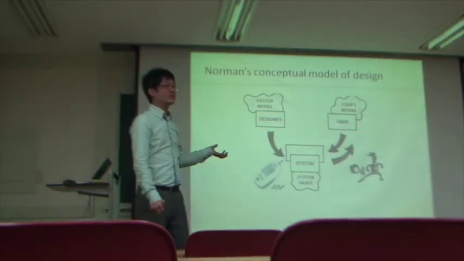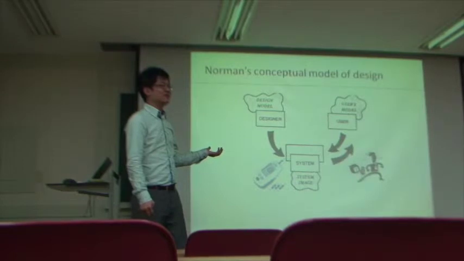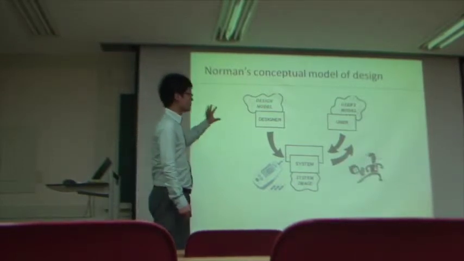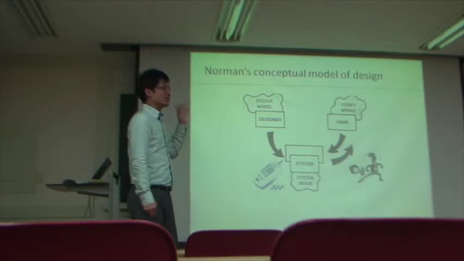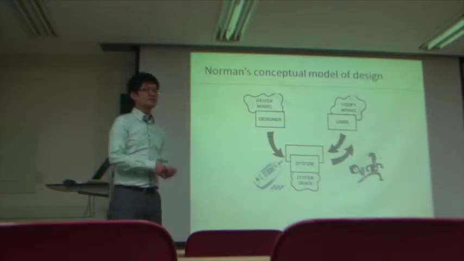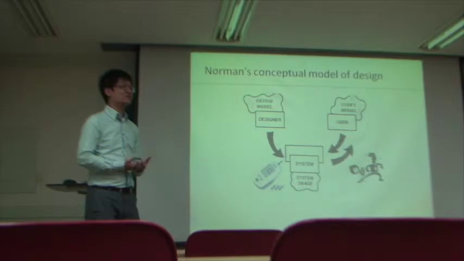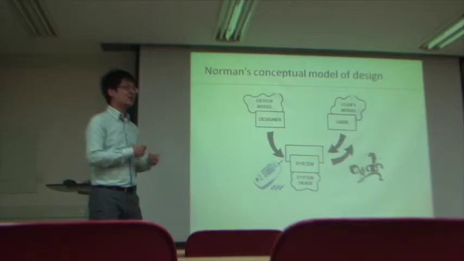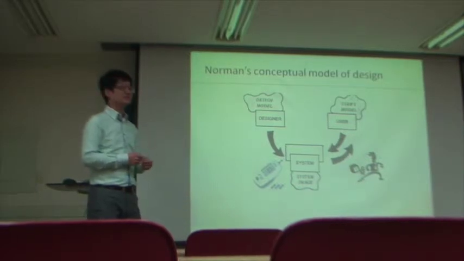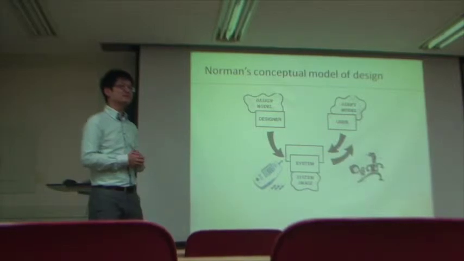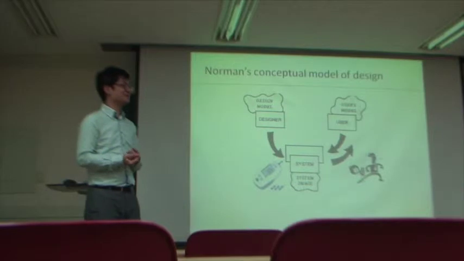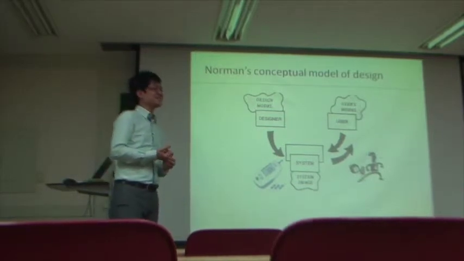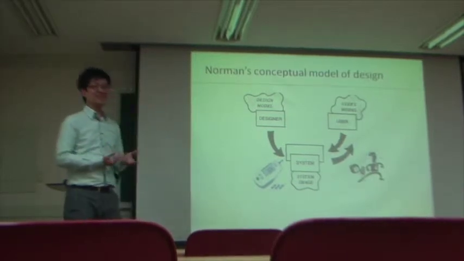If a service is not designed well, and there's a mismatch between the service provider's objective and the user's needs and everyday expectations, how do people fix the problem? Take feedback and then improve. Good. All right, so, anything else?